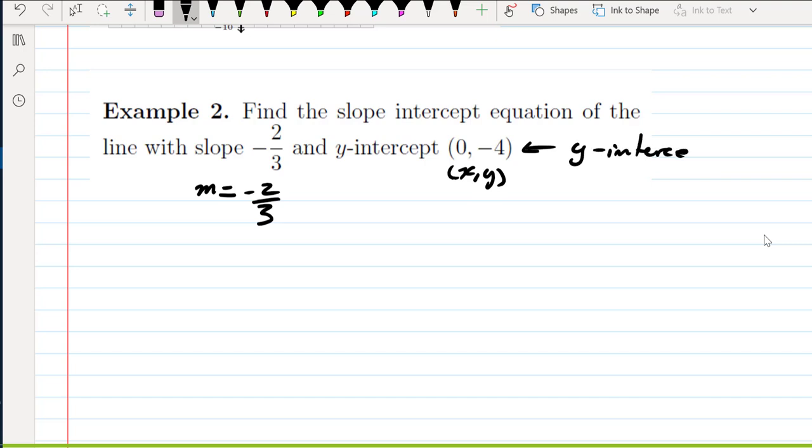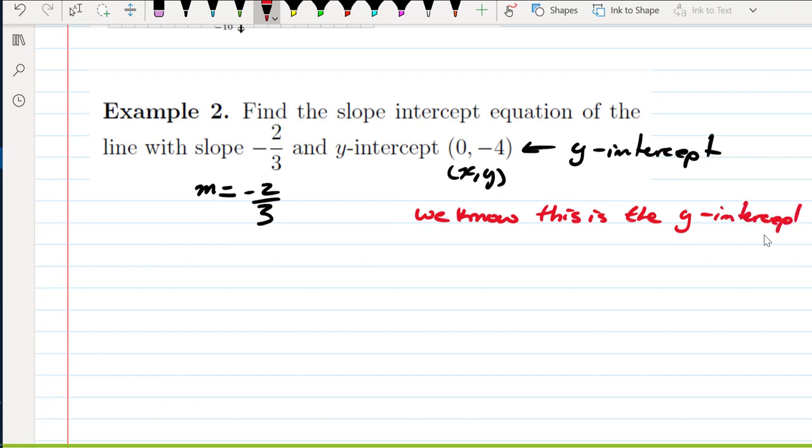And the reason we know it's the y-intercept is because x is 0. So the fact that we have our x value equal to 0, we know this is the y-intercept. So then our b value is exactly the -4.